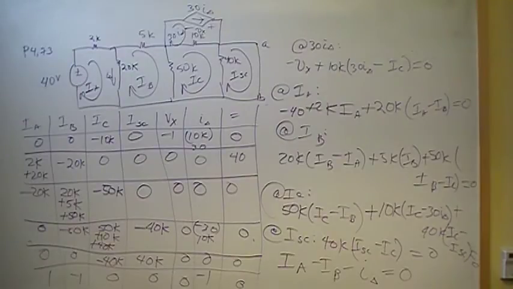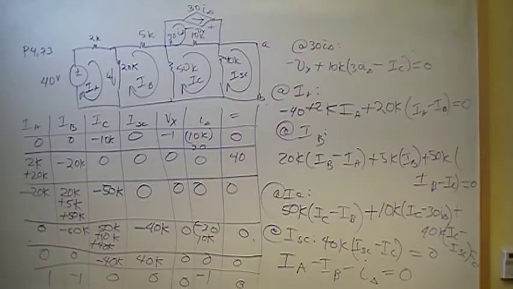Fourth line is 0, -50e3, 50e3 plus 10e3 plus 40e3, negative 40e3, 0, negative 30 times 10e3, and 0. Next line: 0, 0, negative 40e3, 40e3, 0, 0, 0.